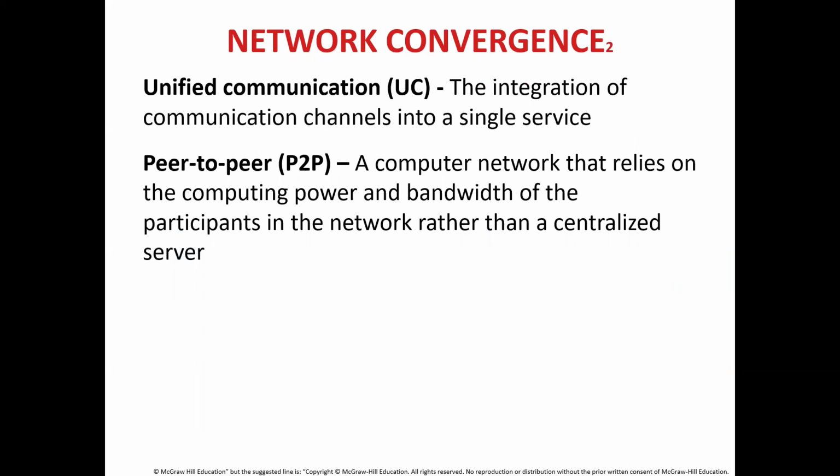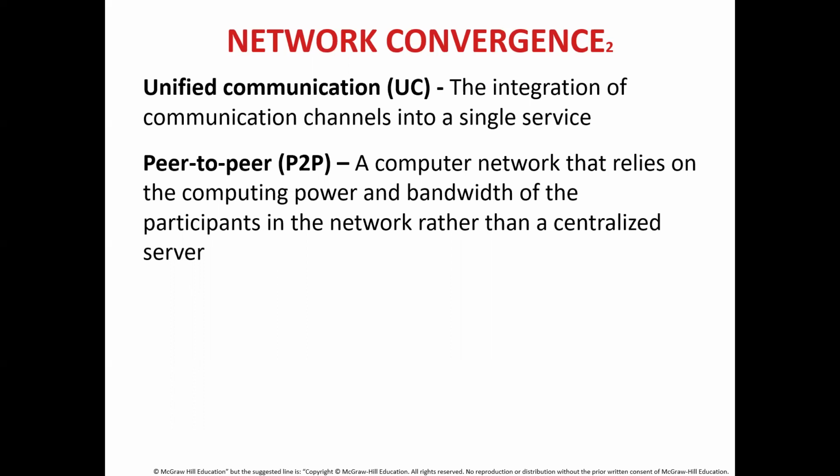Network convergence continued. Unified communication is the integration of communication channels into a single service. Voice over IP, or VoIP, uses IP technology to transmit telephone calls. Almost any type of information can be converted into digital form and exchanged over a network. Network convergence then allows the weaving together of voice, data, and video.